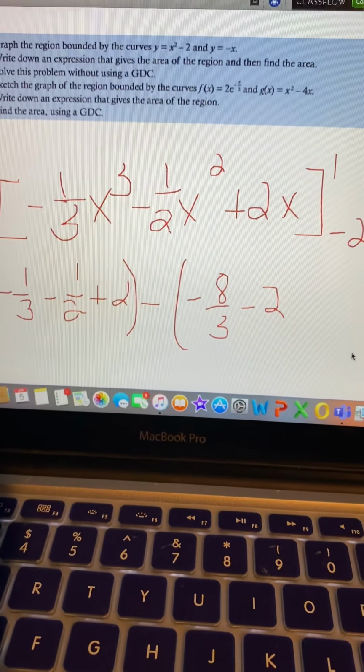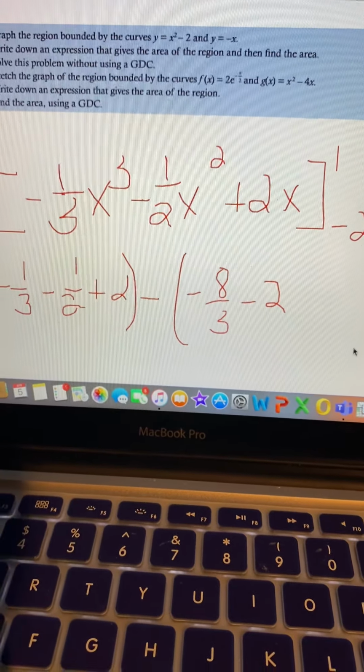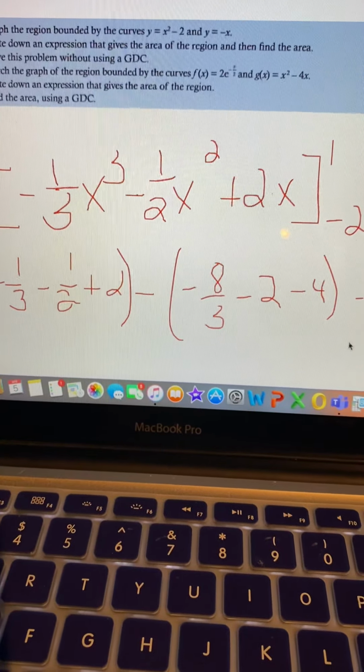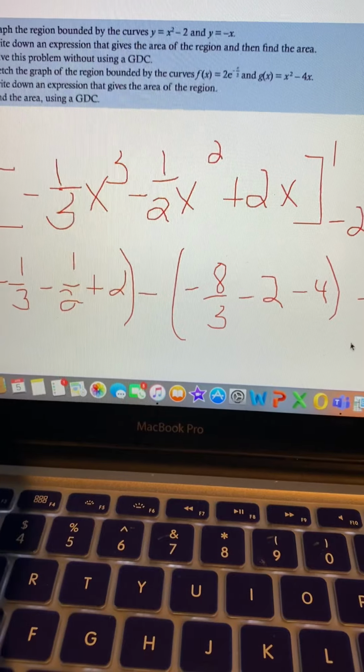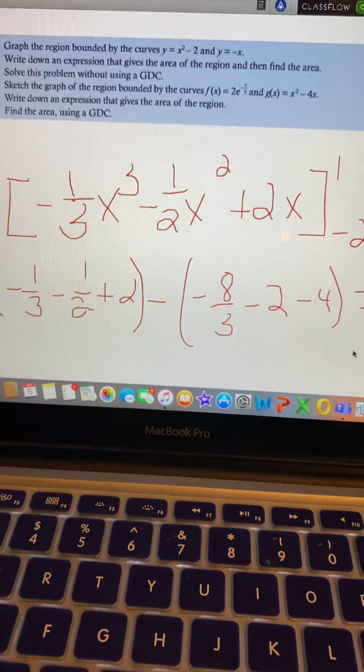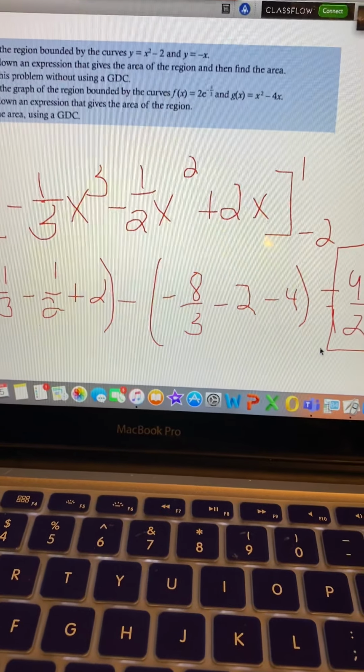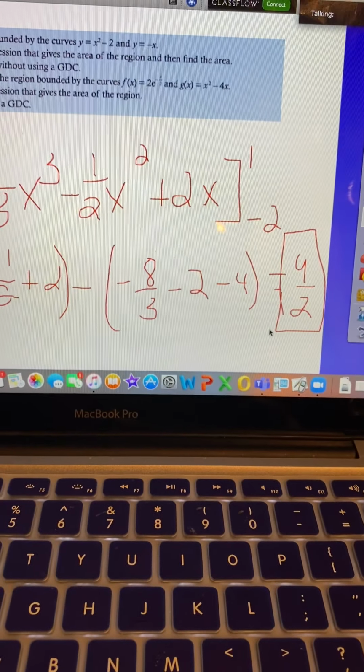And then negative 2 times 2 is negative 4. And when you do the math here, you're going to get 9/2. And that's my answer. 9/2. Okay.